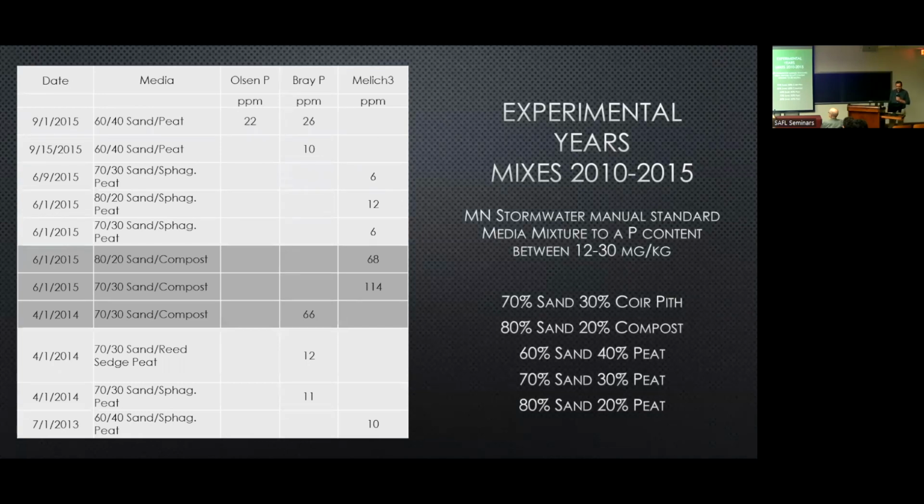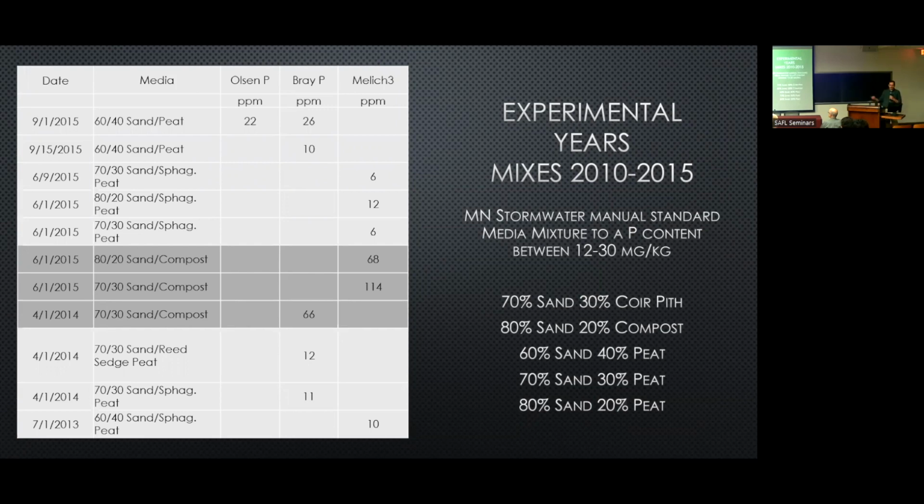And so then we tried slimming down our compost mixtures from 30% to 20%, and that still was producing high phosphorus outputs. We were doing a lot of soil testing back then. These are some of the results from the tests that we were doing from 2013 to 2015. You can see that the compost mixtures, even at 20%, were not meeting the Stormwater Manual standard of 12 to 30 milligrams per kilogram of phosphorus.